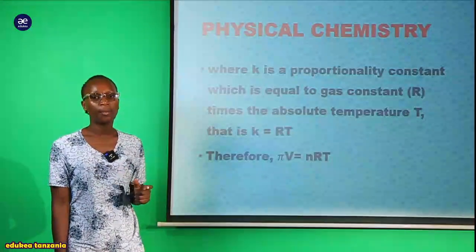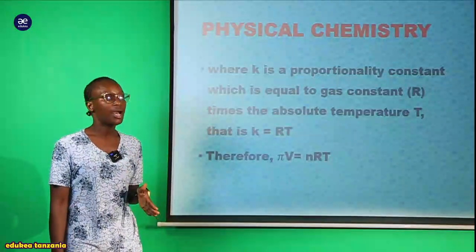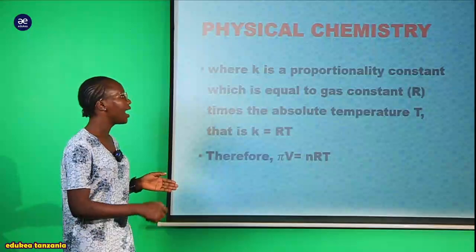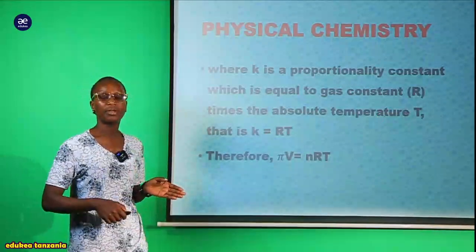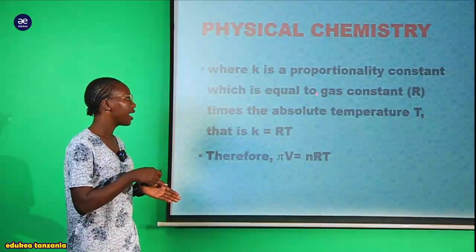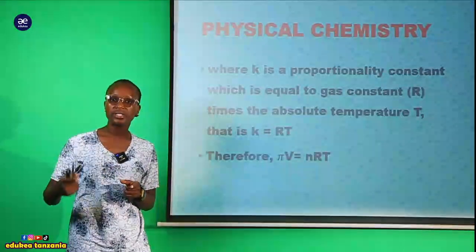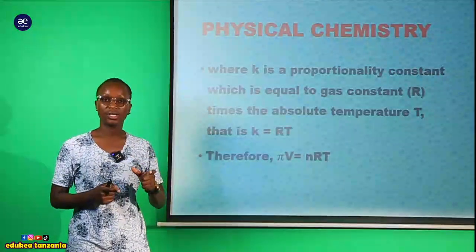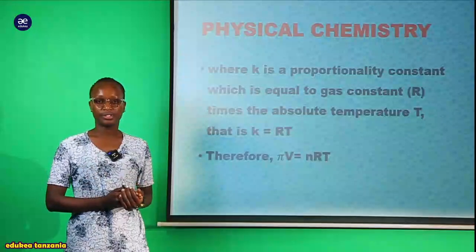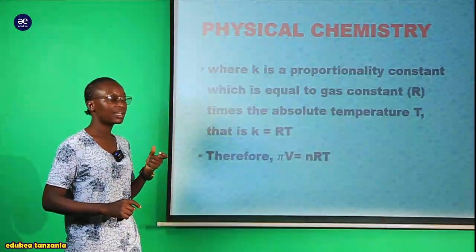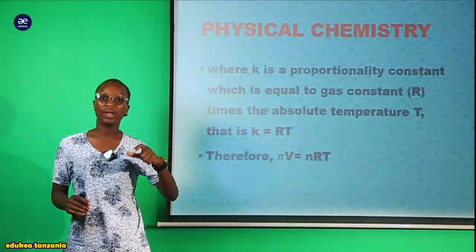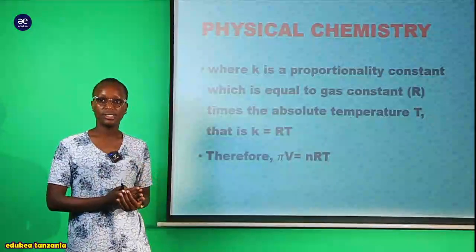Sasa K tunasema kwamba ni proportionality constant of course, ambayo ni sawasawa na gas constant ambayo ni R times the absolute temperature. Kumbe K ni sawasawa na R mara T. R ni universal gas constant, T ni absolute temperature. Kwa hiyo instead of writing K, it means that sehemu ambayo kuna K tunaireplace kwa RT.